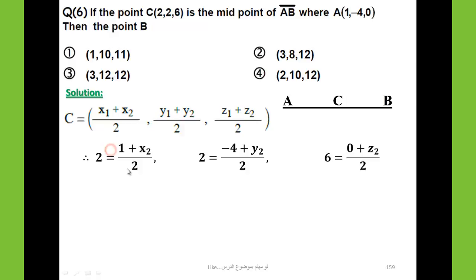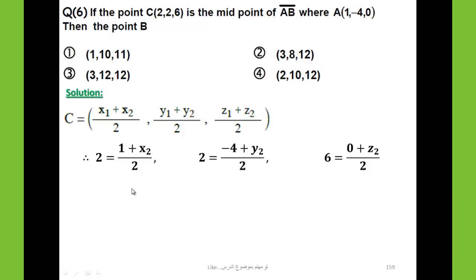So C equals (2, 2, 6). So 2 equals the first coordinate (x1 plus x2) over 2, and x1 is 1 from the given, so 1 plus x2 over 2. y1 equals negative 4, so we write negative 4 plus y2 over 2. z1 is 0 plus z2 over 2.